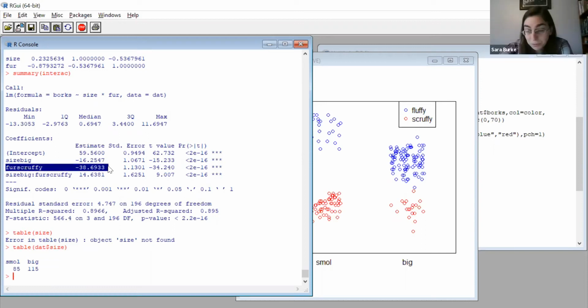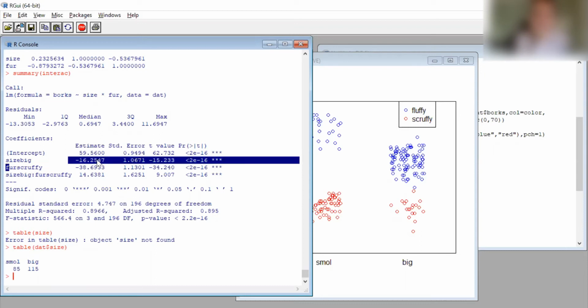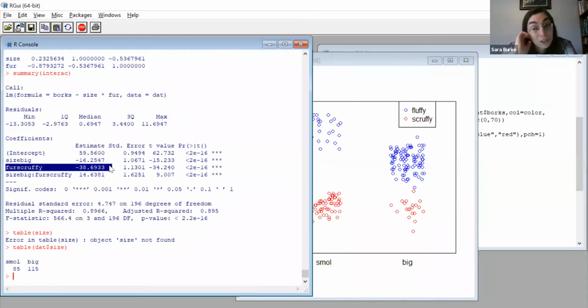You mean this row? Yeah. What do you think it means? Okay, so if the first one is big dogs in the fluffy category, then would that be scruffy dogs in the small category? Well, scruffy dogs in the small category compared to who? Compared to scruffy dogs in the big category.